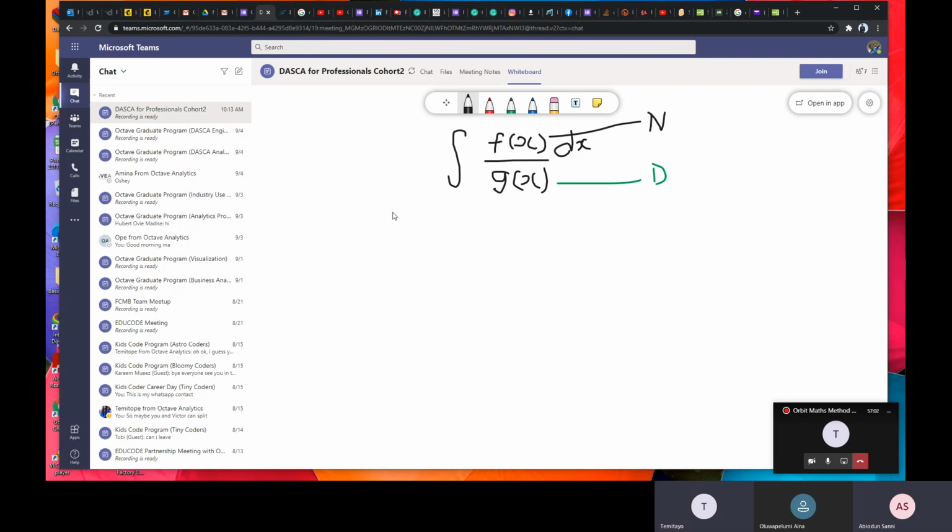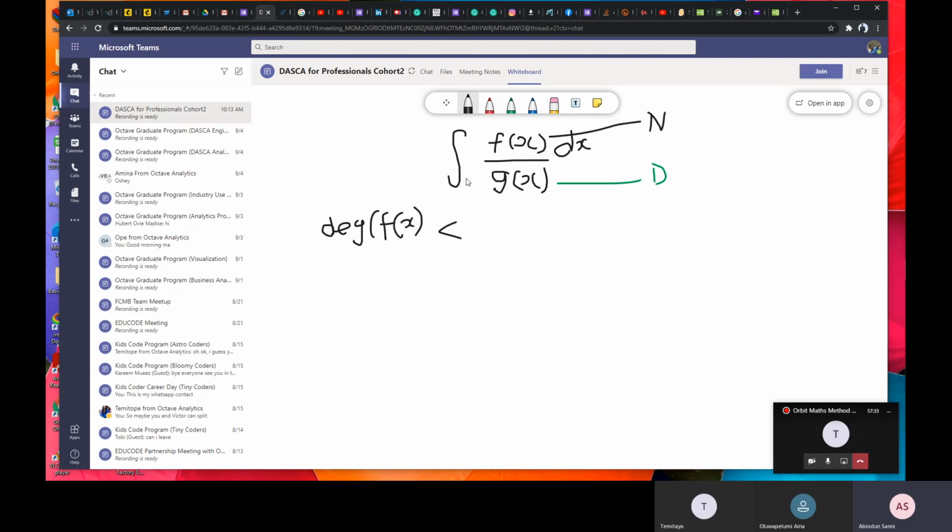Is the degree of your numerator, f of x, and g of x, they are polynomials here. Anyway, they can be exponential, but let's just put them as polynomials.